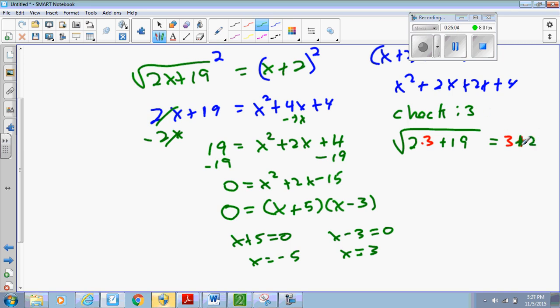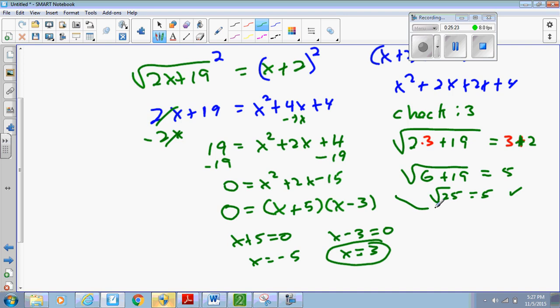Notice I just changed the x's in the problem to 3's to see if it works. So I have the square root of 6 plus 19 equals 5. So that's the square root of 25 equals 5, and that's true. So 3 is a solution to this problem.